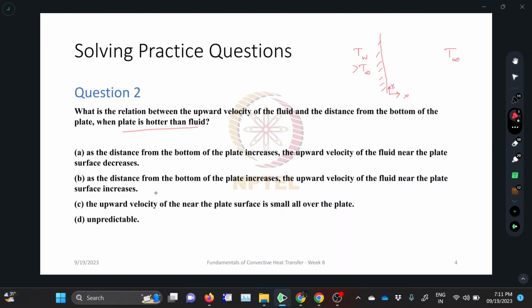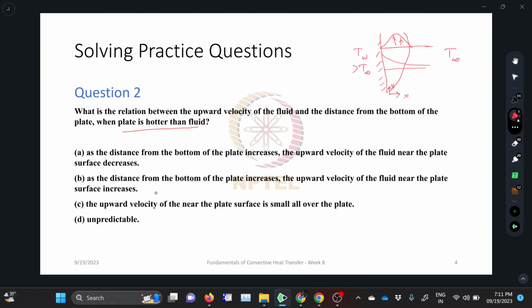So this is hotter. So what will happen? The fluid close to it would absorb heat. It will get lighter and it will try to move up. So that will create a boundary layer like this, as we have already seen. There will be a velocity profile set up resembling something like this, and similarly there will be a temperature variation as well.